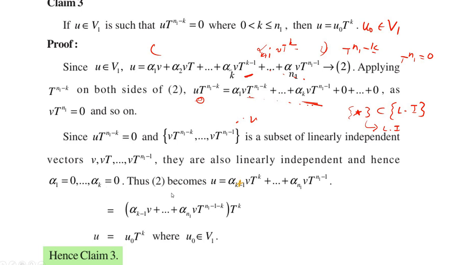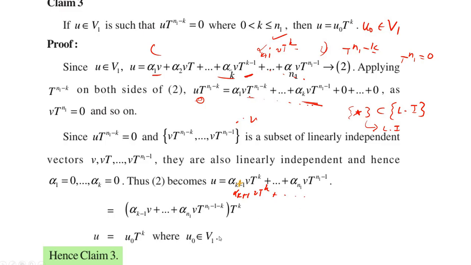So alpha 1 to alpha k is 0. And therefore the second equation now reduces to alpha k plus 1 vT power k. From this onwards, alpha 1 to alpha k are all 0, so only from here onwards you have terms. So it is alpha k plus 1 vT power k plus and so on.